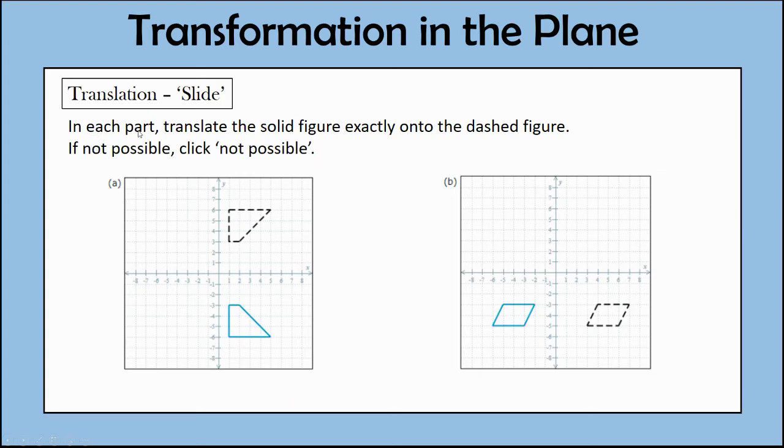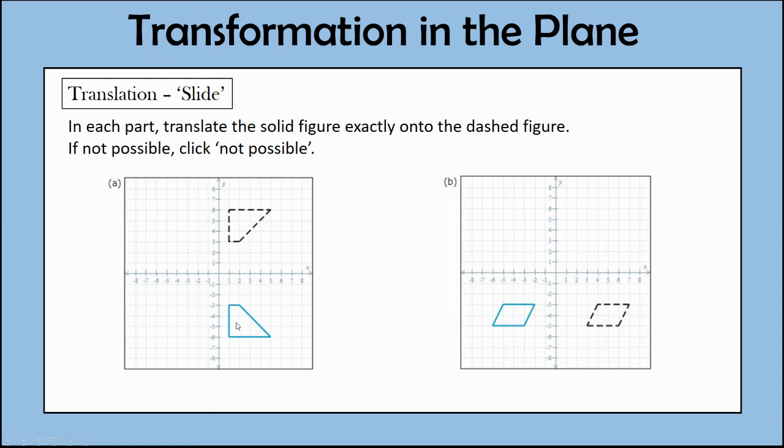Okay, in this question, it says translate the solid figure exactly onto the dashed figure. If not possible, click not possible. So remember, this is our pre-image in A, and this is our image. We're trying to move the blue solid onto the dashed one here.